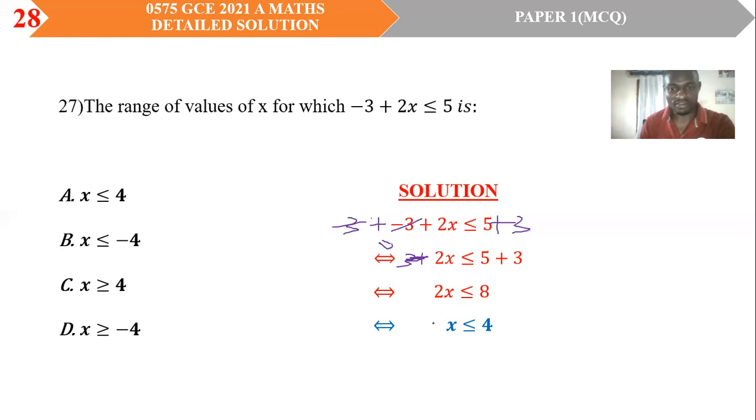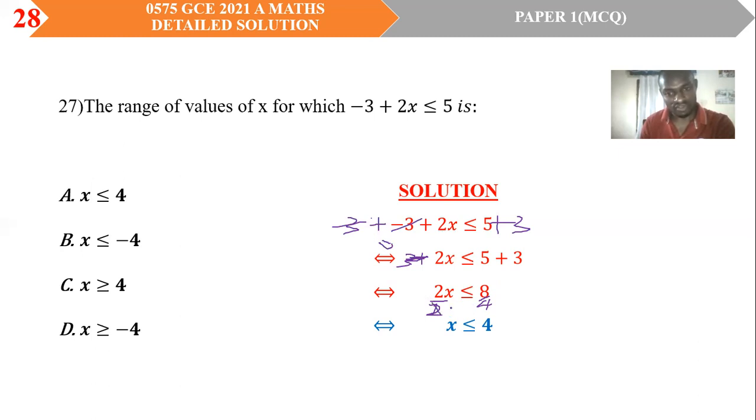Now, we want the range of values of x. Therefore, the 2 should be eliminated from x. How do we eliminate a coefficient? We simply multiply by the reciprocal, and multiplying by the reciprocal of 2 simply means dividing both sides by 2. I am dividing the inequality directly by 2 because 2 is a positive quantity, and I know that when I divide an inequality by a positive quantity, the inequality sign remains unchanged.